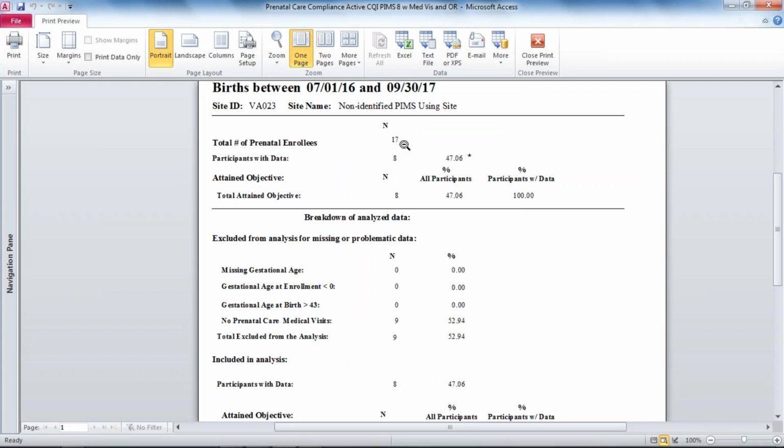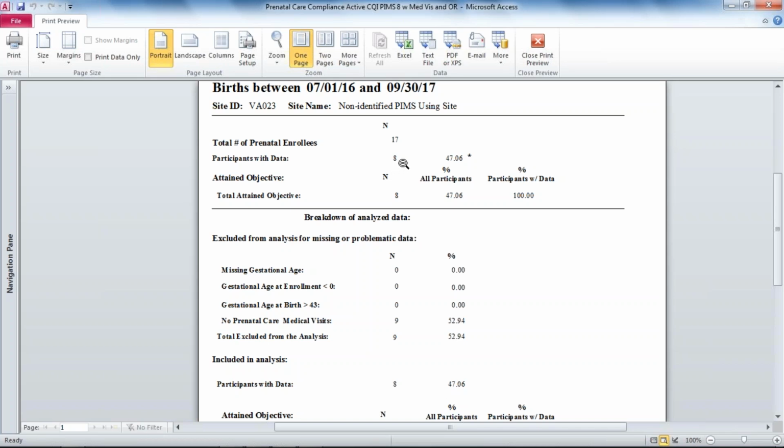Remember that to be included in this analysis, they need to have had a month or more of service prenatally. If they came in the last 4 weeks of their gestation, of their pregnancy, they would not be included in this analysis and would not be included in this 17 enrollees.